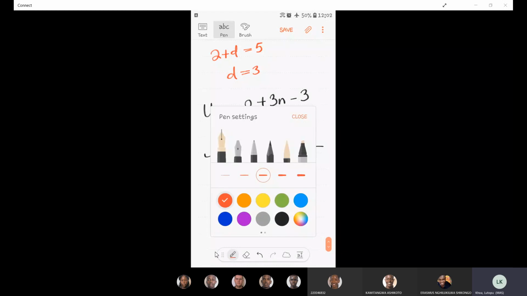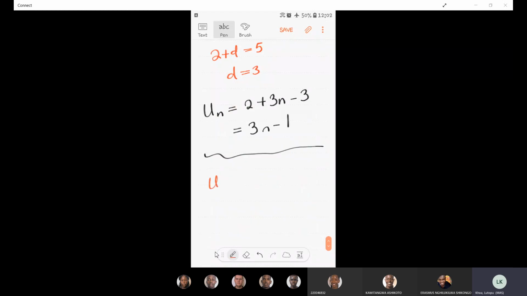Here, I'll check for u1, does it work? This means I have 3 times 1 minus 1. This is 2, so it's correct. Let me check for the third one. This is 3 times 3 minus 1. This is equal to 8. That is correct. So I can see my formula is correct.